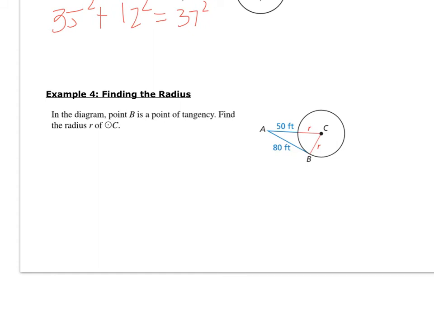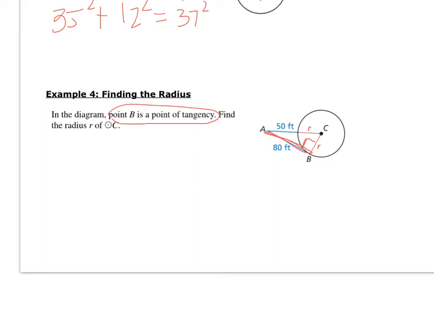Well, let's think about this. If AB is a tangent line, and how do I know AB is a tangent line? Because of this statement right here, that B is the point of tangency. That also means that if B is the point of tangency, that's forming a right angle with that radius. So I know I have a right triangle.